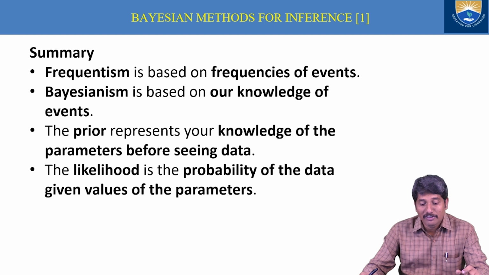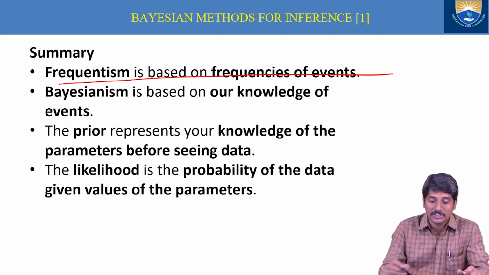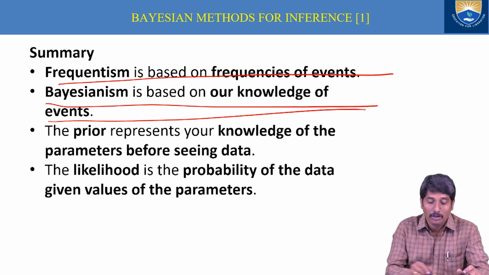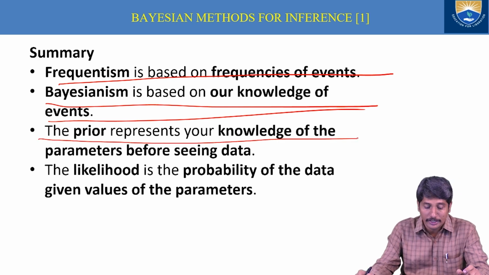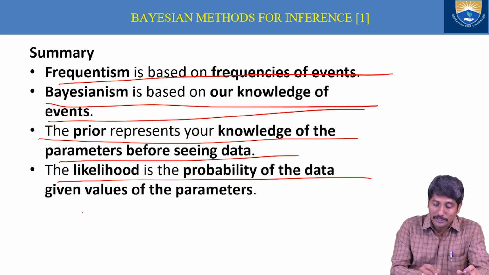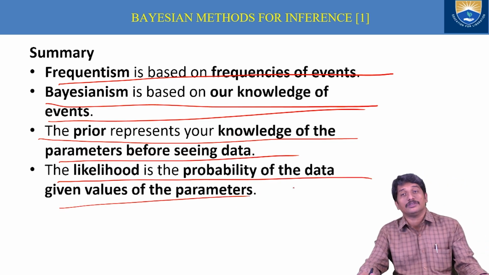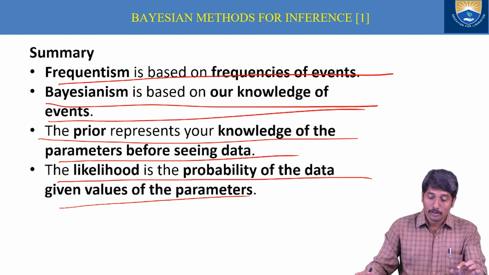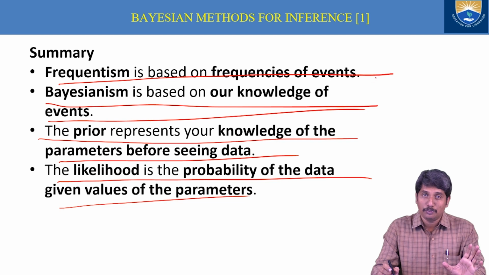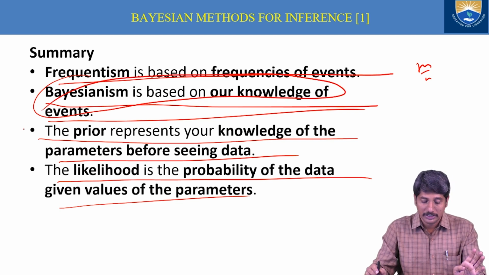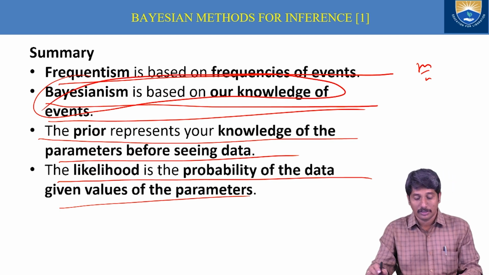Now, the summary. Frequentism is based on frequencies of events. Bayesianism is based on our previous knowledge of events. The prior represents your knowledge of the parameter before seeing the data. The likelihood is the probability of the data given values of the parameters. Frequentism is based only on frequencies, m by n, but here we have to take the previous knowledge of the happening of the event.